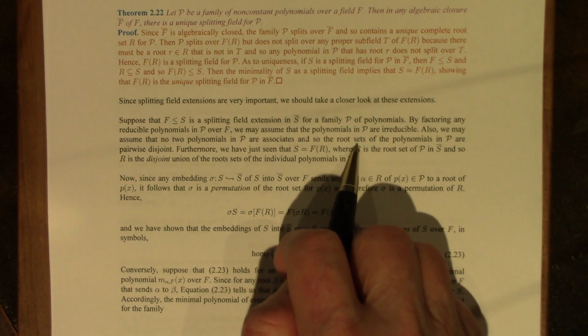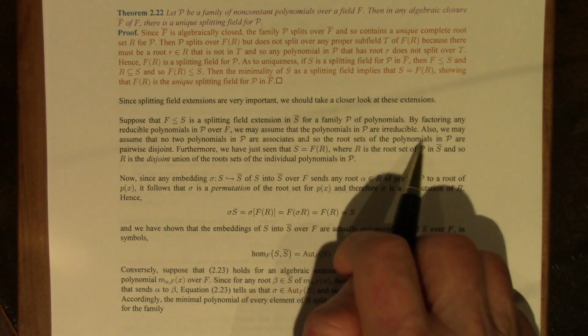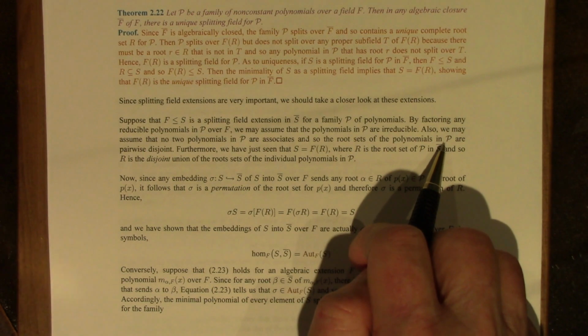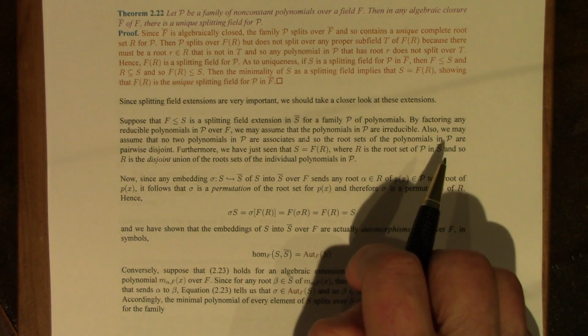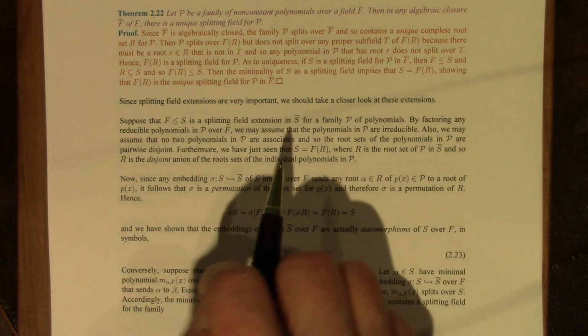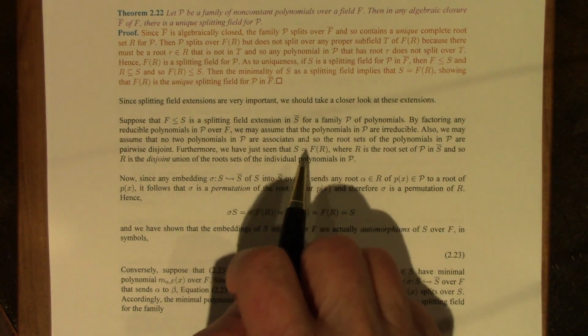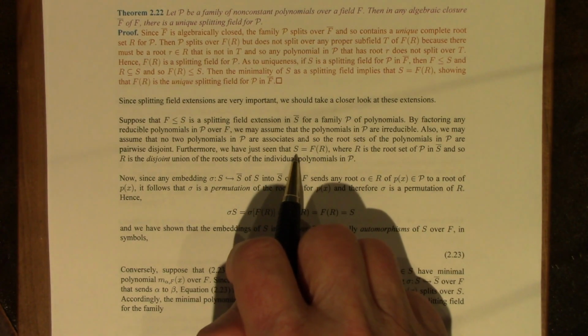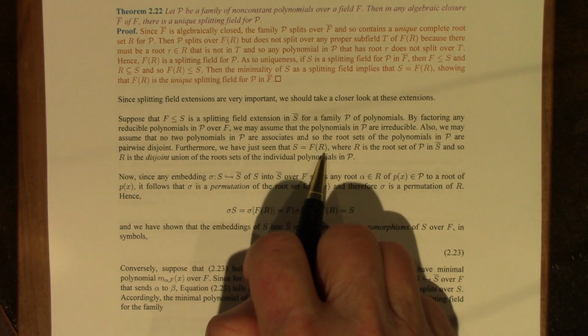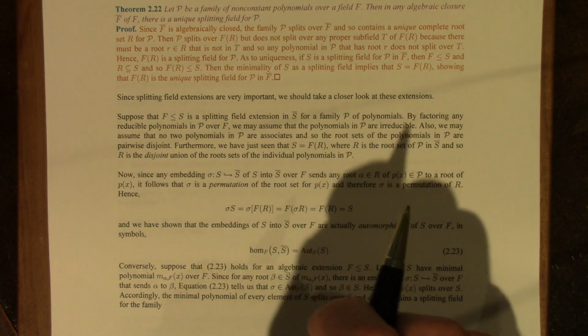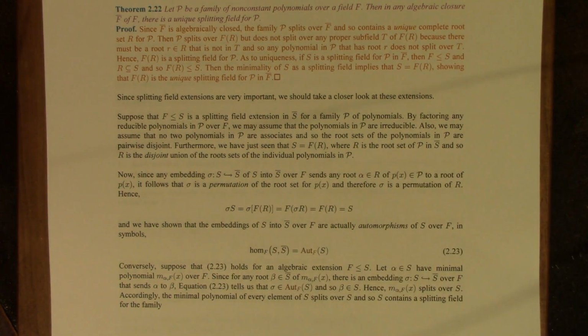And so the root sets of the polynomials in our adjusted family, which I'll just call P, are pairwise disjoint. Furthermore, we have seen that the splitting field S is F with the root set adjoined. And so R is the disjoint union of the root sets of the individual polynomials in P.